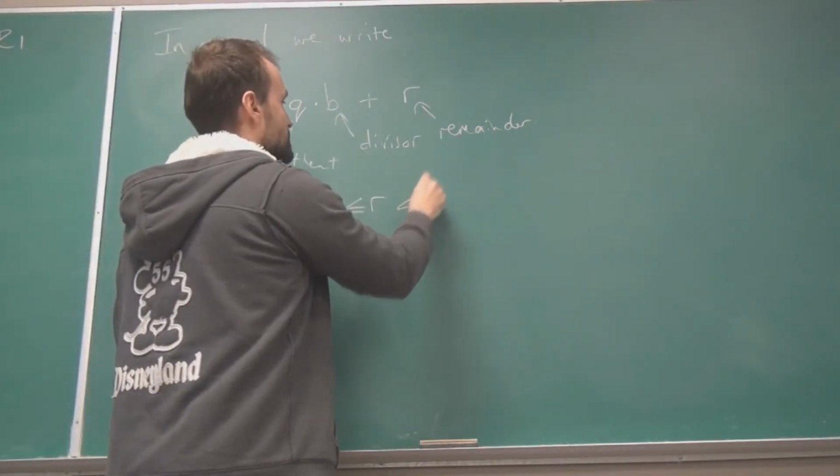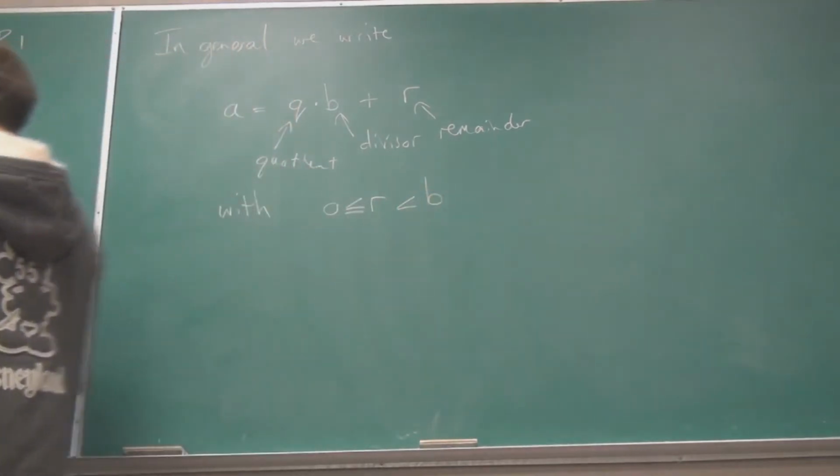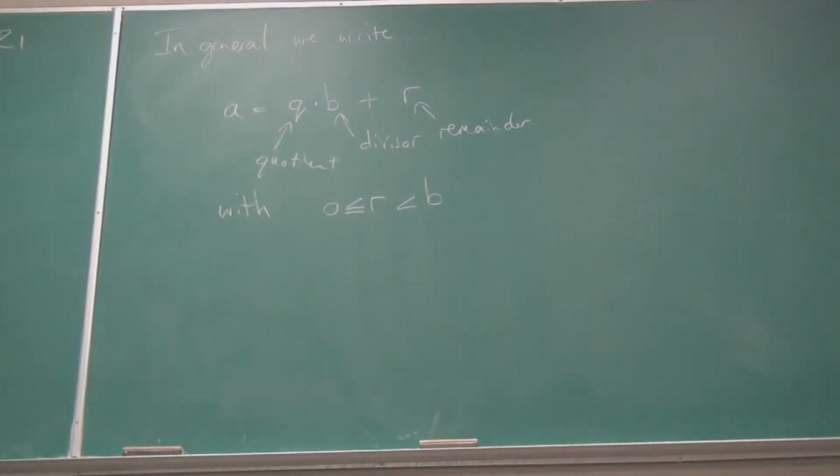So it has to be less than B. So a part of this chapter is just reading the mathematical sentences, the mathematical language that is trying to say things that we could say in English, just more symbolic.